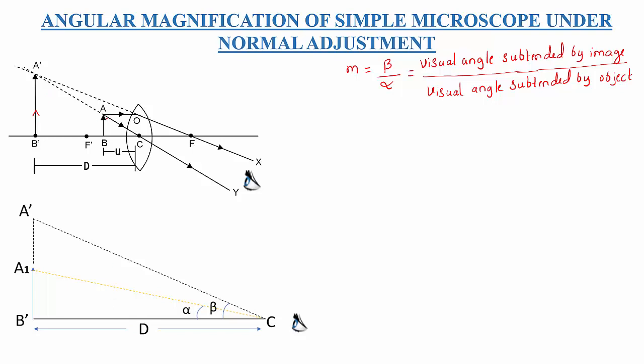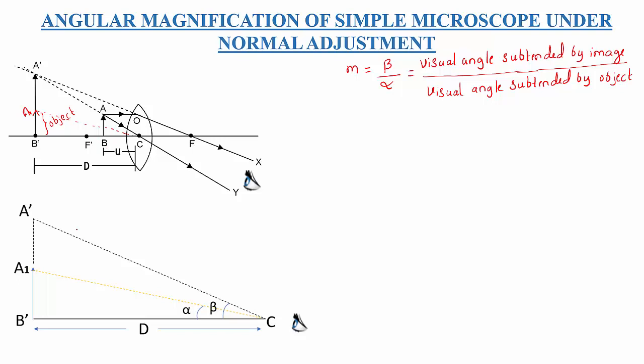So AB is displaced to the least distance. Let us take it as A1B dash. A1B dash is the object, displaced to the least distance, and A dash B dash is the image. Now we can easily get the angle subtended by the object and the angle subtended by the image.